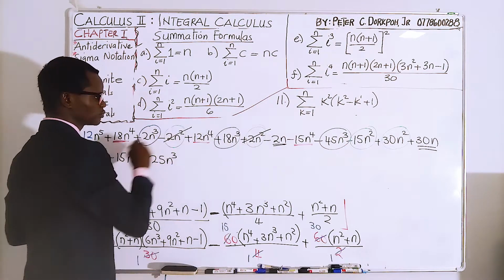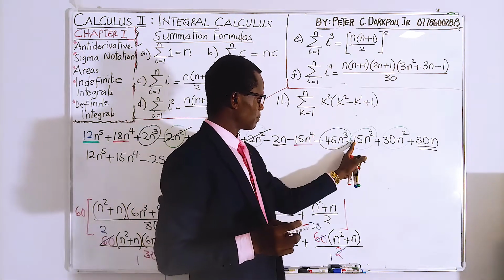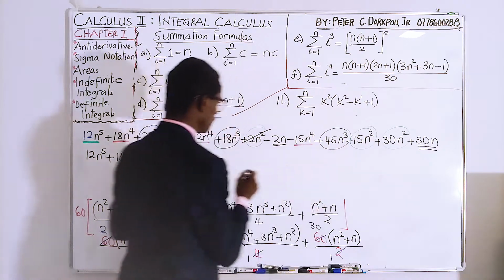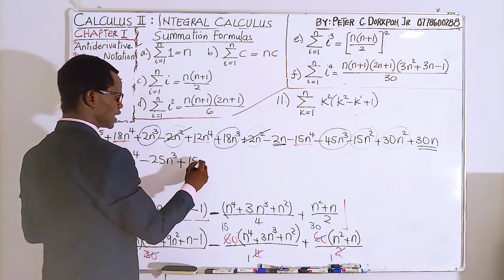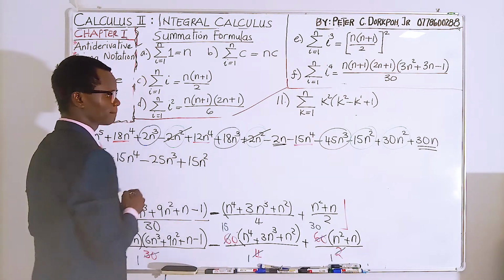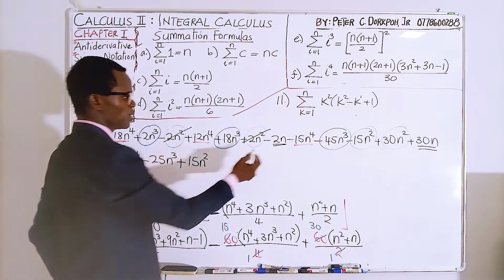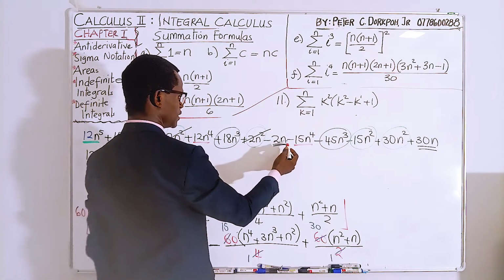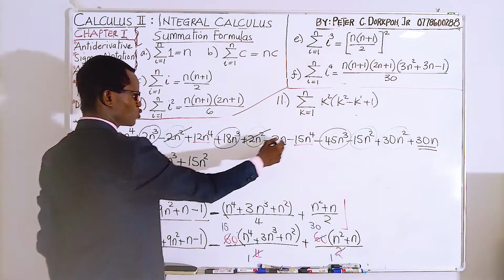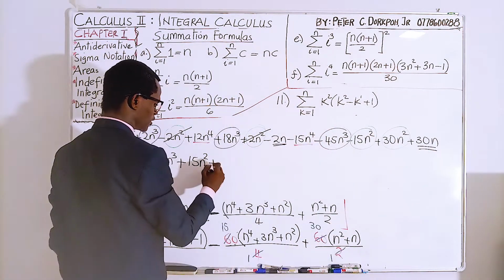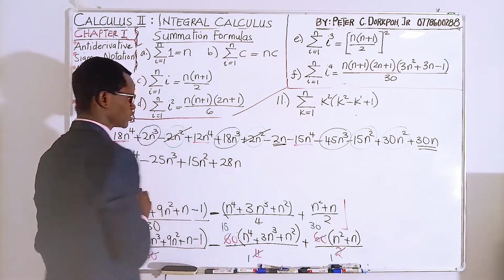This and this go out. Which one again? Minus 15 plus 30 gives us positive 15n squared. And then what else again? We move to n to the first power, minus 2n plus 30n. You subtract 2 from 30, you have positive 28, because the greatest number is 30. Positive 28n.